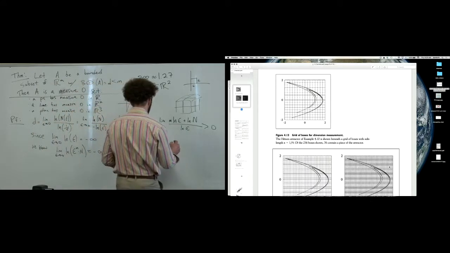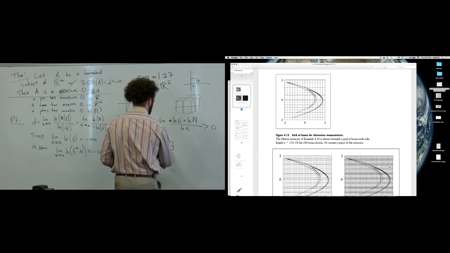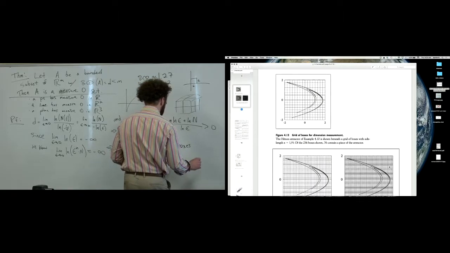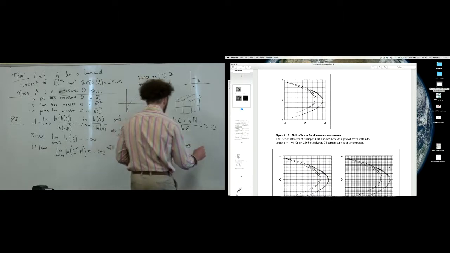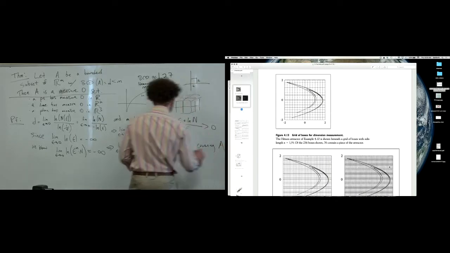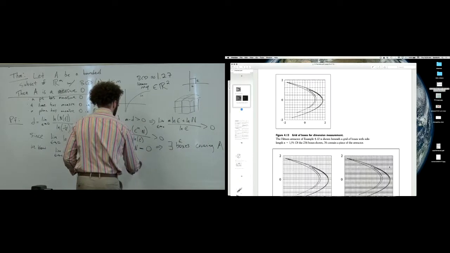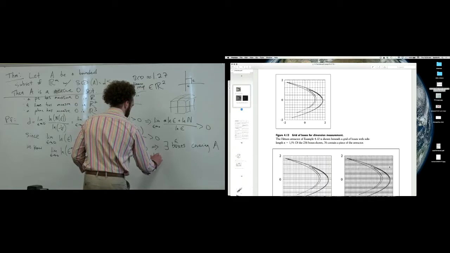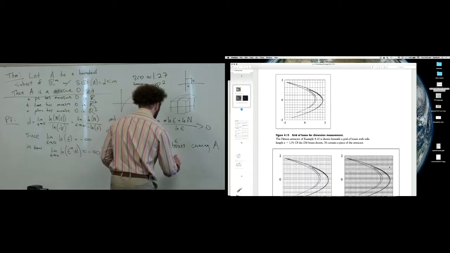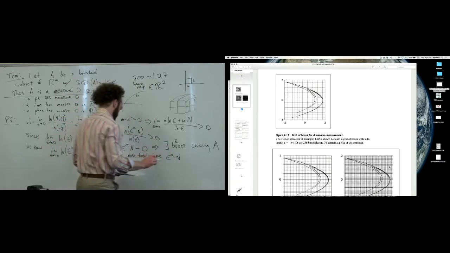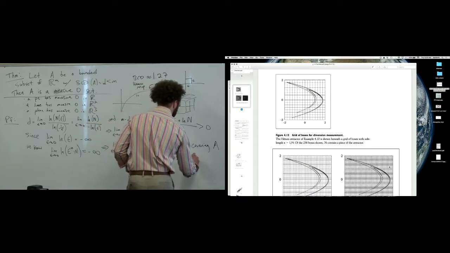We can write that down. There exist epsilon boxes covering A, whose total volume, epsilon to the m times n, can be made as small as we want.